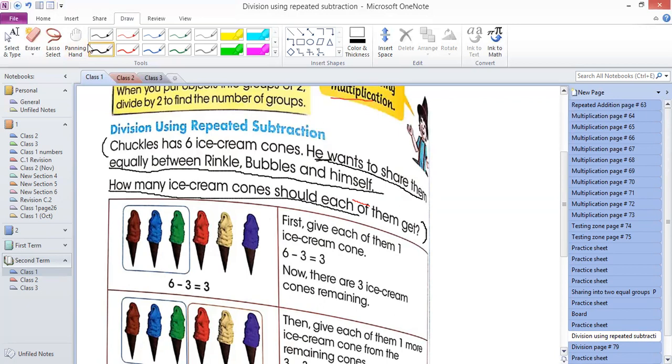How many ice cream cones should each of them get?